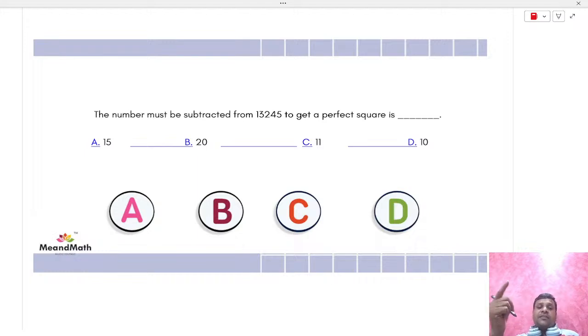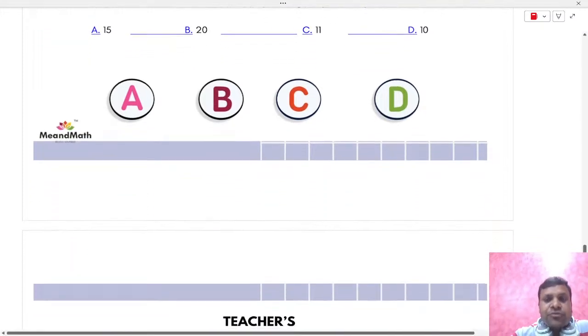If you have to find the smallest number to divide or multiply to get a perfect square number, then we use the prime factorization method. If the question is related to subtraction or addition, then it is related to the long division method. So in this question, we are going to use the long division method.